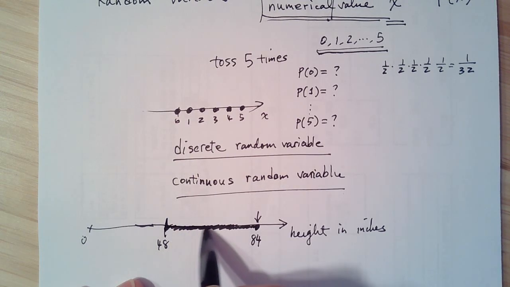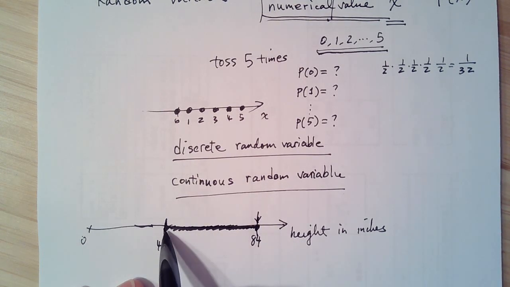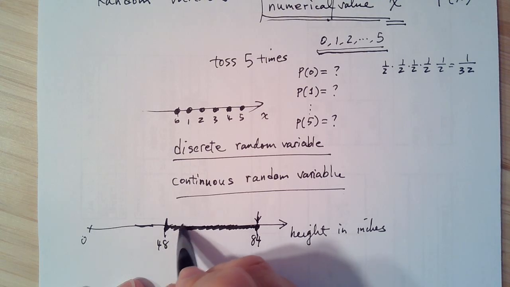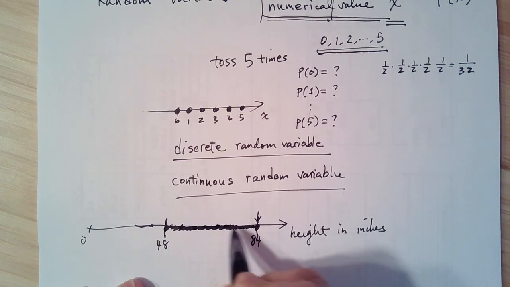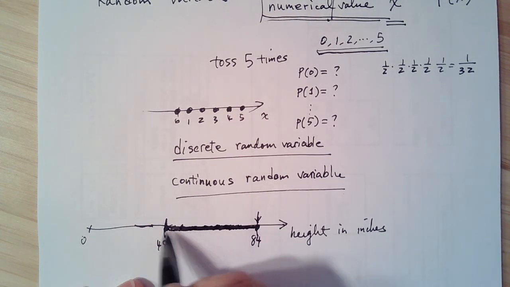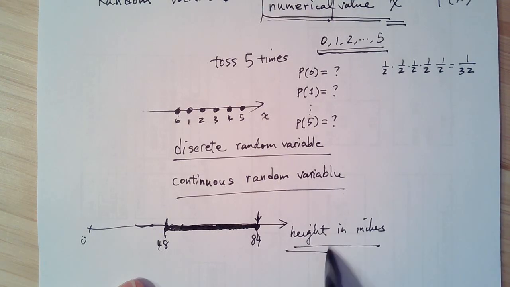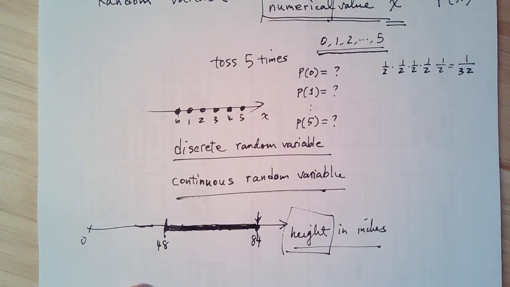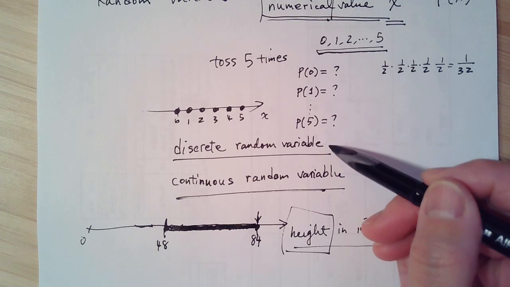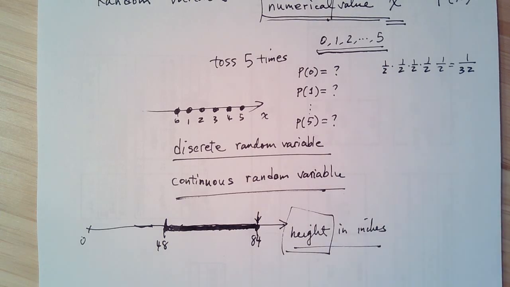Any number between 48 and 84 is possible. So if you plot all the possible values on the number line, you get an interval, a continuous segment. So height is a continuous random variable. Usually a count is a discrete random variable.